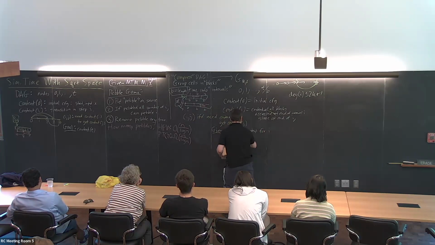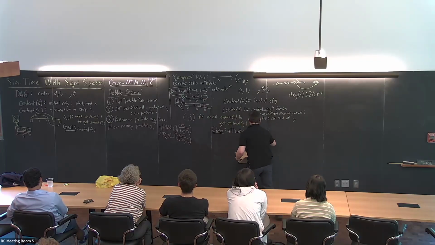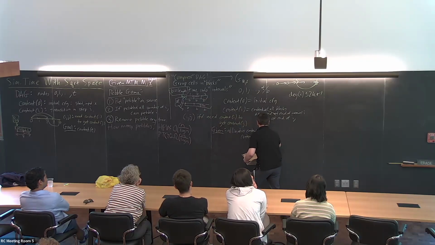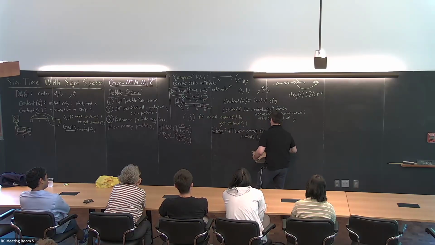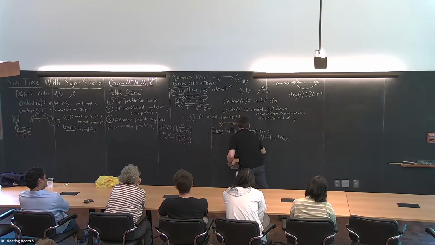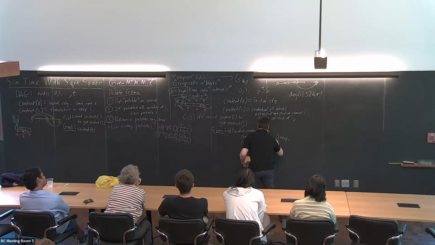In other words, for J, given content I for all I such that ij is an edge, then I can compute content of J in order B time.